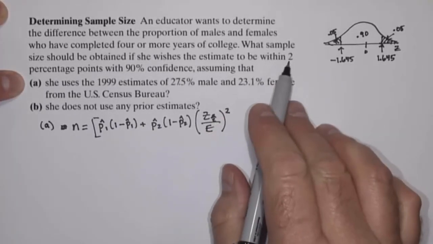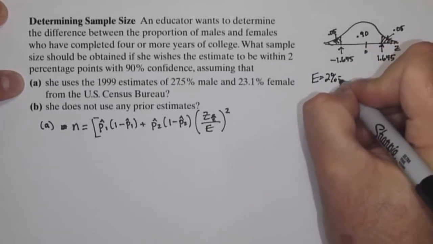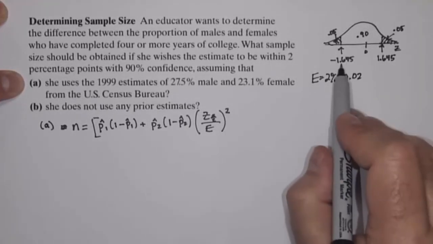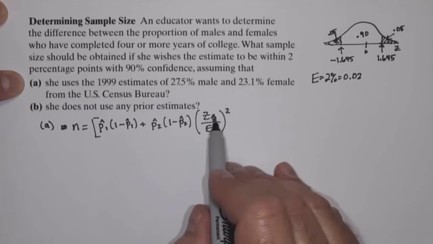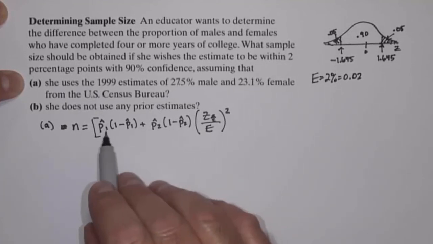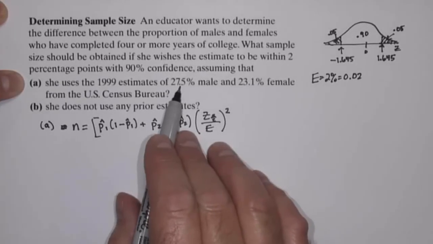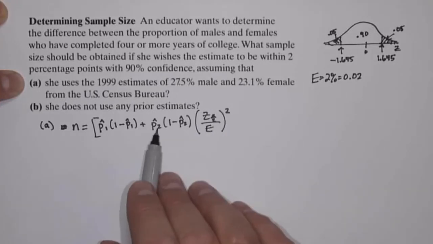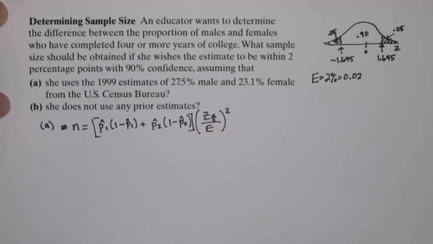Again, our e is 2 percentage points. And so we're going to use 0.02 in our formula. And we know our critical value is 1.645. That's going to go here. And we know that p hat 1 is 27.5%, so 0.275. P hat 2 is 23.1%, so 0.231. And I need a bracket right there.